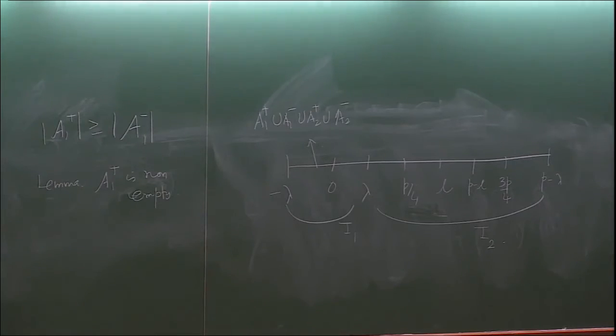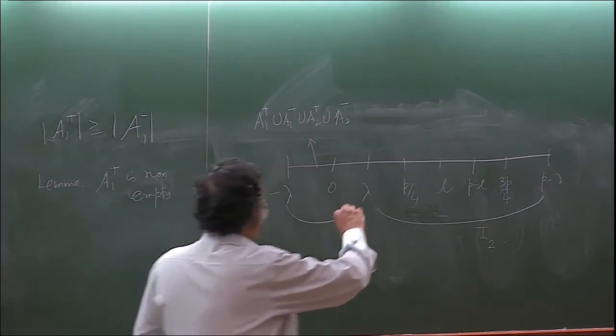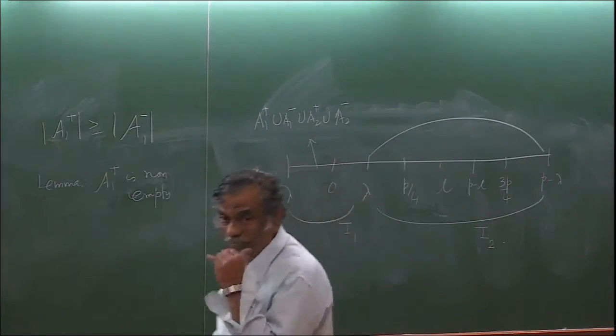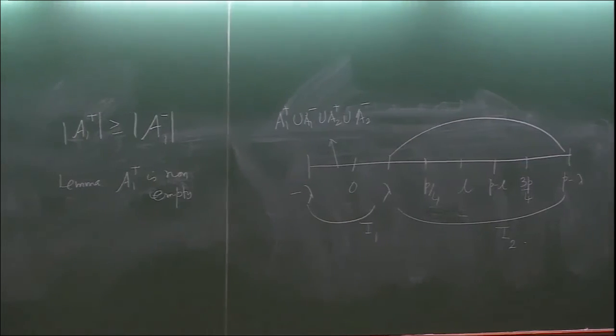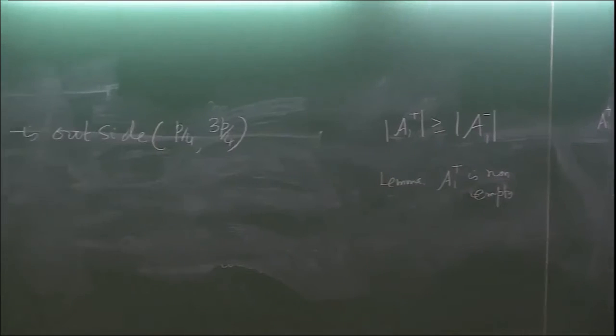Now I want to know how many elements are possible in this lambda to P minus lambda. The length of the interval is P minus 2 lambda. Therefore, the maximum number of possible elements is only P minus 2 lambda. Good. However, both your J1 plus and J1 minus are contained in I2. J1 plus is lambda 2 to L, and J1 minus is P minus L to P minus lambda by 2, and they are exclusion zones.